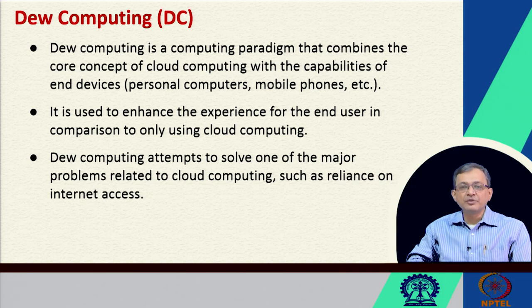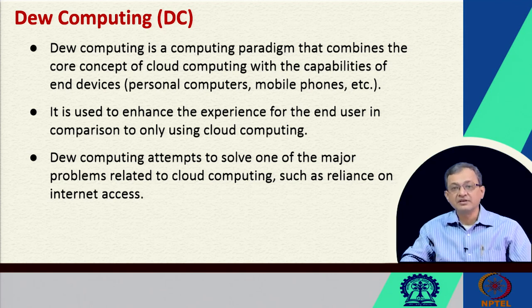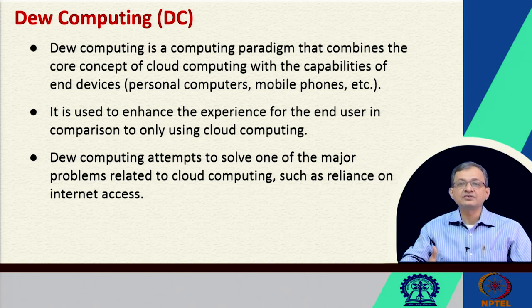Dew computing, as we were discussing, attempts to solve one of the major challenges of cloud computing, which is the reliance on network access, that is, constant, ubiquitous, uninterrupted network connectivity. It should work even when the connectivity is not there.